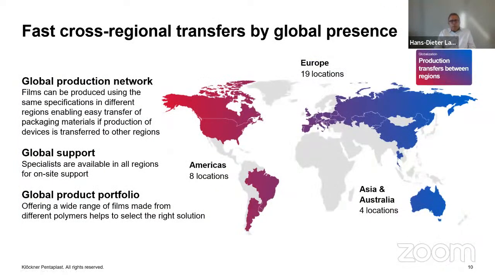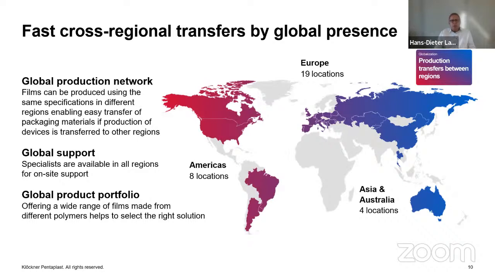Then we spoke about production transfer between regions, and I think it's very important to have a global network where all the materials are produced according to the same specifications. So which means you can be sure that what has been used in the Americas is the same as it is used in Europe and can be used in Asia as well.